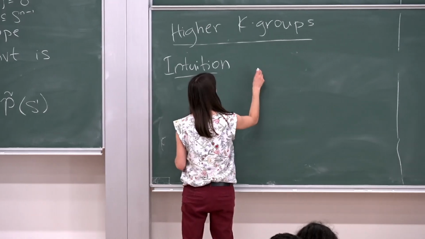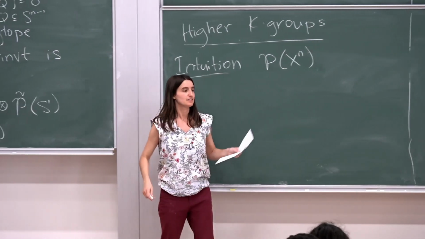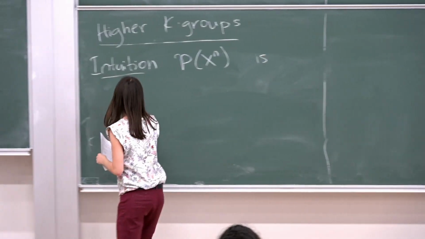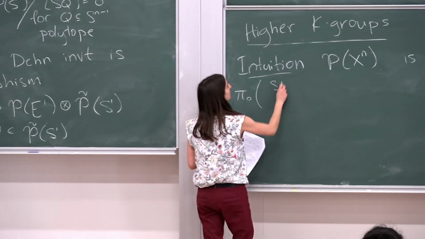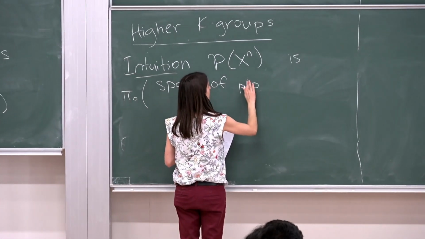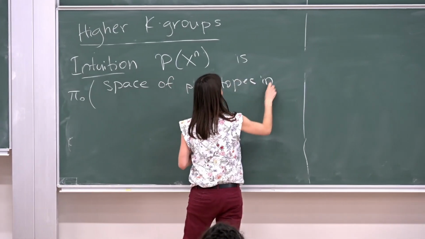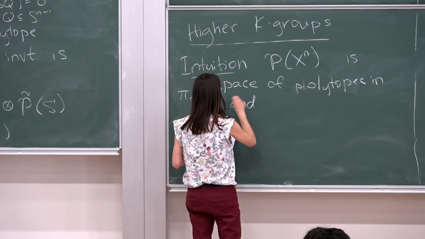The intuition is that a scissors congruence group is pi 0 of some space of polytopes in X and scissors congruences between them.